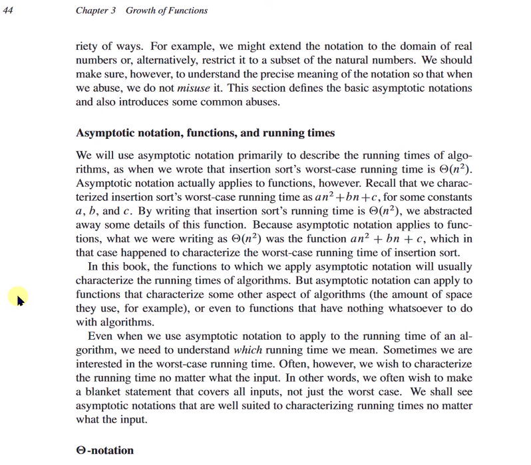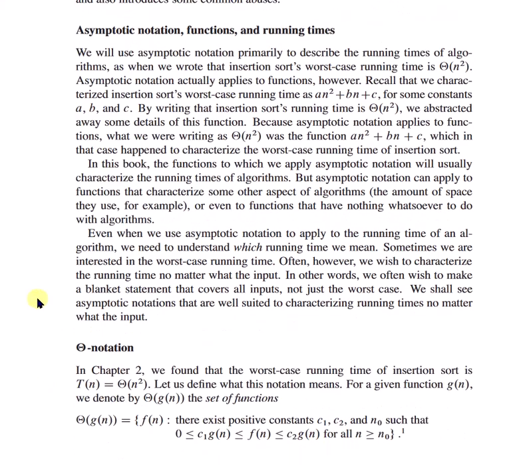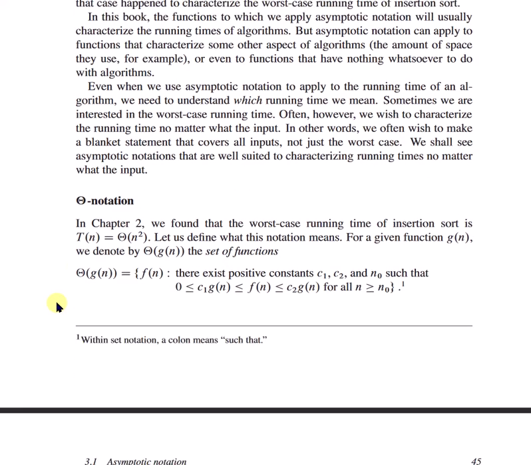Often, however, we wish to characterize the running time no matter what the input. In other words, we often wish to make a blanket statement that covers all inputs, not just the worst case. We shall see asymptotic notations that are well suited to characterizing running times, no matter what the input.